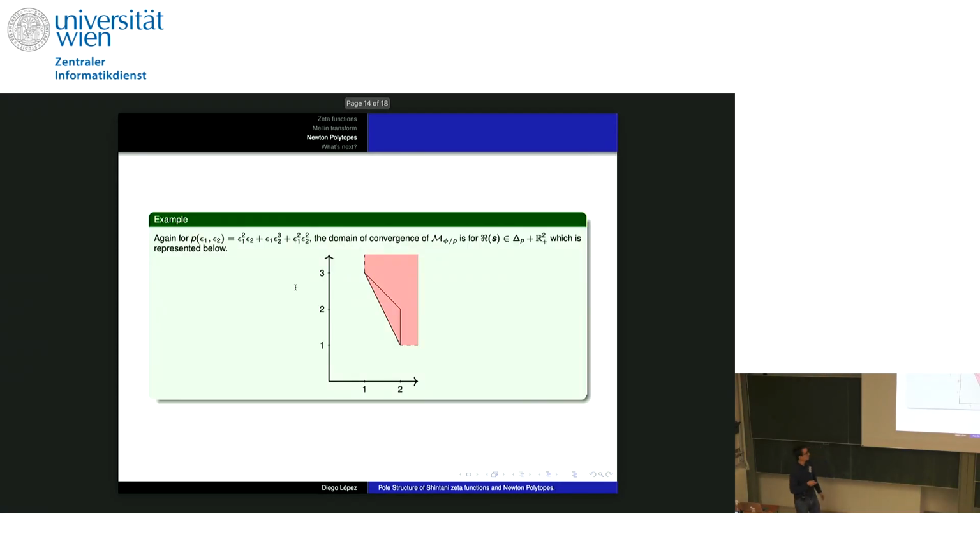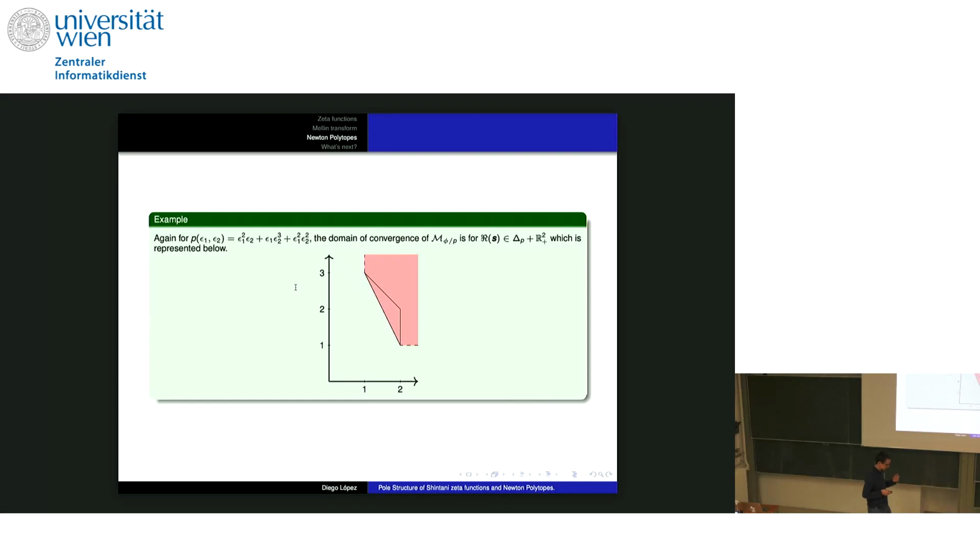Let me show an example. For the polynomial we had before, if we multiply on top by a rapidly decreasing function, then the new domain of convergence amounts to this red area we have here.